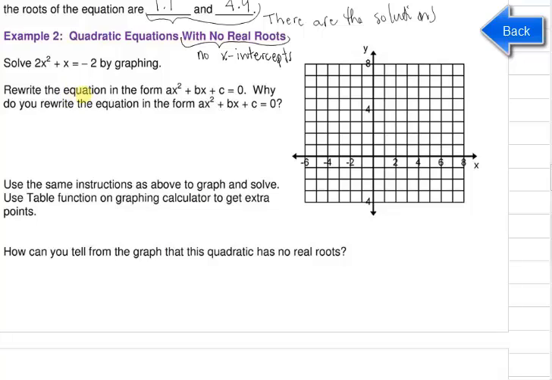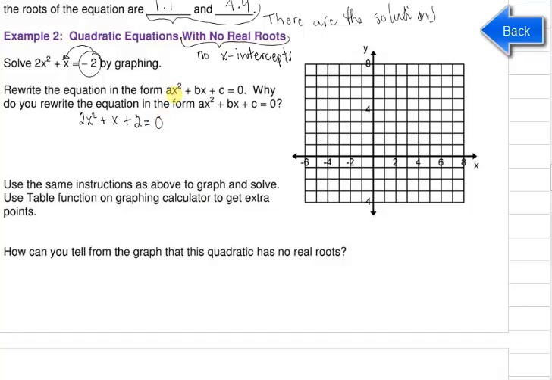We're going to rewrite the equation in the form ax squared plus bx plus c equals 0. That means we're going to move the -2 to the left. When we do, it becomes positive. So we'll leave the 2x squared where it is, the x where it is, bring the -2 over, and it becomes +2. Because we've removed the -2 from the right-hand side of the equation, what we're left with is 0.